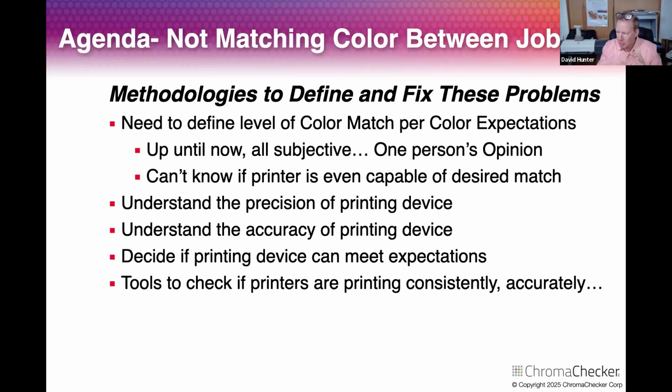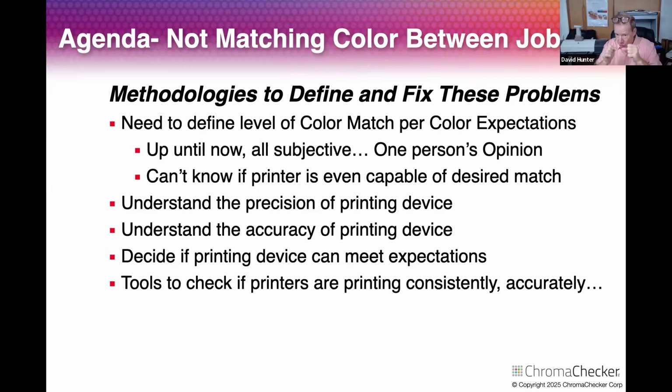And it ceases to amaze me that ChromaChecker is still really the only color conformance product on the market that defines what a company's expectations are for a color match and then tracks how each printing device manufactures color within those expectations. Everybody has a different level of expectations of how close two colors have to be to be acceptable.